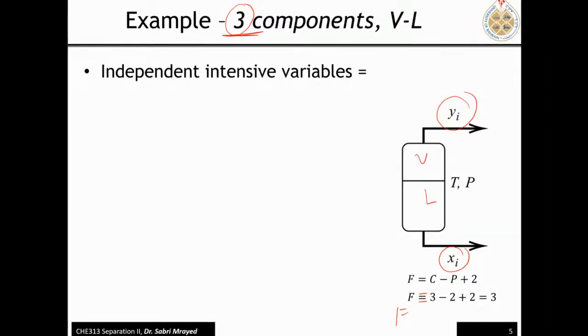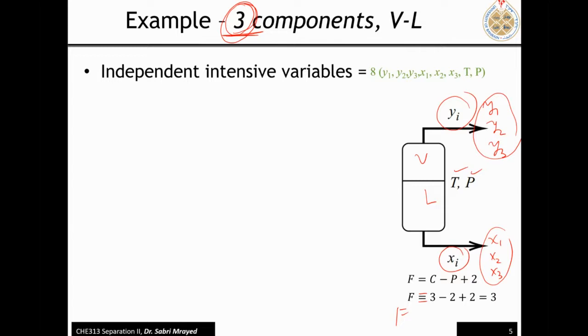Can you count them for me? We have 3 components, so we have Y1, Y2, Y3, and we have X1, X2, X3. So 3 plus 3 is 6, plus temperature and pressure. So we have 8 parameters.